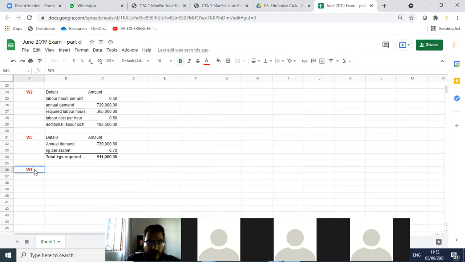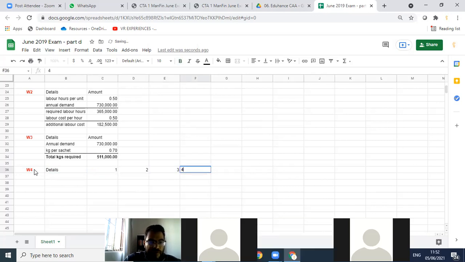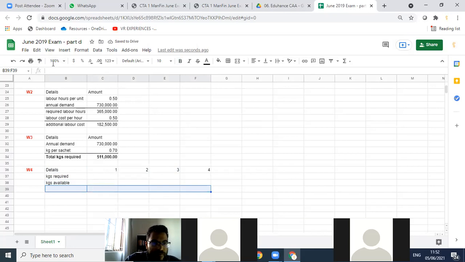So working for the raw material costs, we're going to have details. We're going to have year 1, year 2, year 3, year 4. kgs required, kgs available, which will give us our net kgs required.